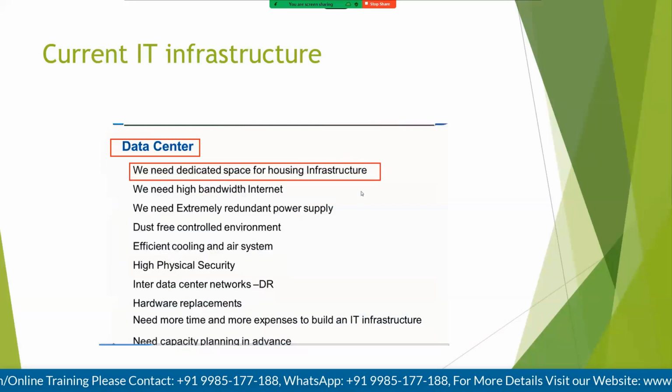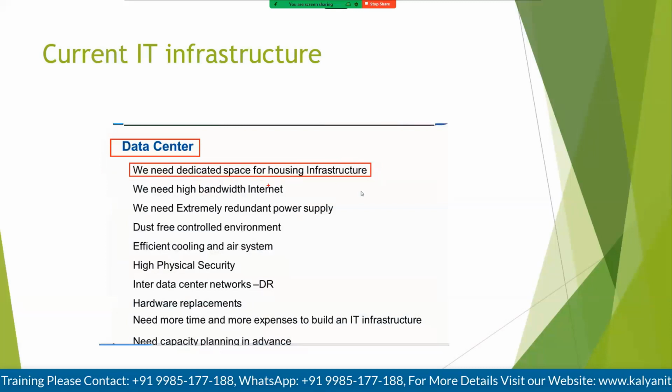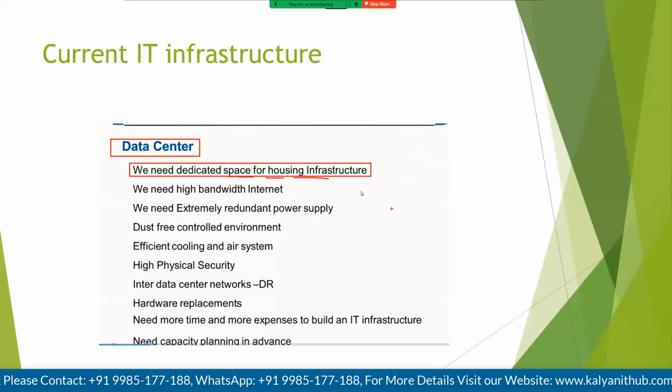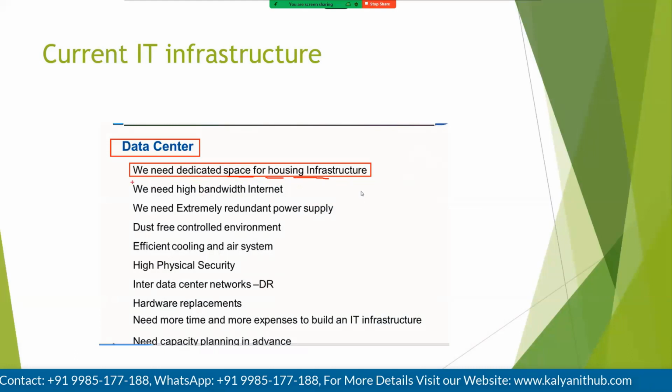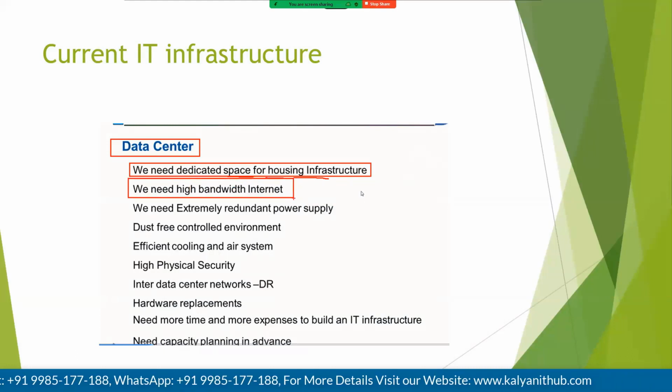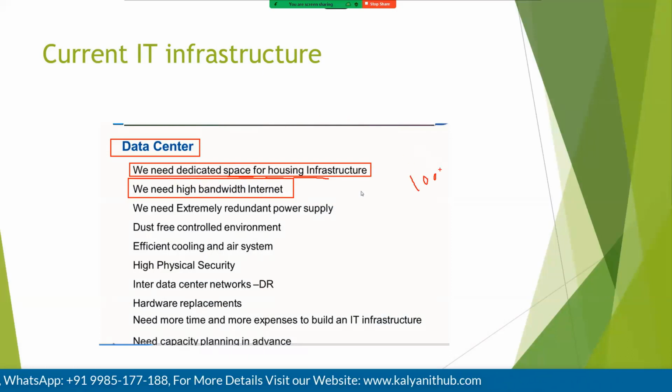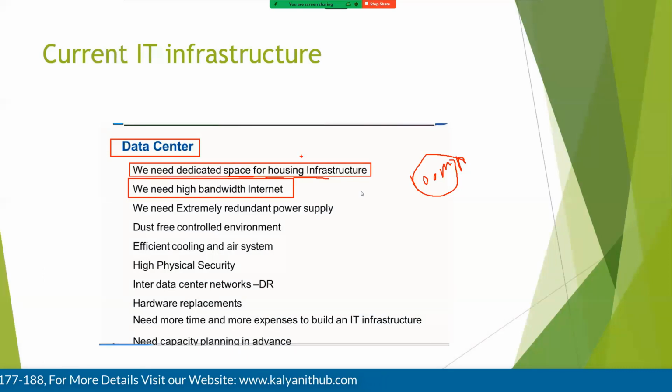In the data center, we need dedicated space for housing infrastructure. Next, we need high bandwidth internet. For our home purposes we use 100 Mbps, but to maintain the data center and pull data from the data center to our laptop or desktop, we need high bandwidth internet.